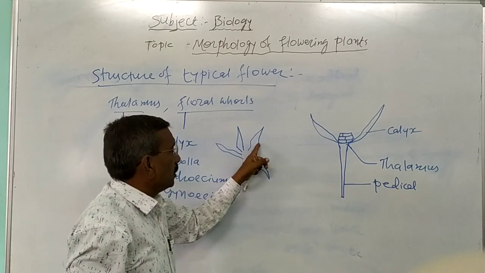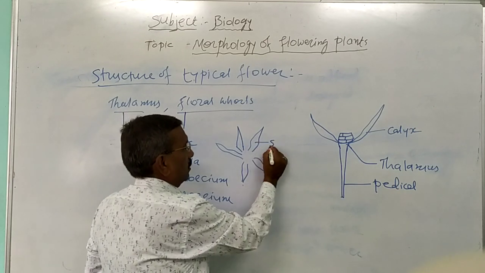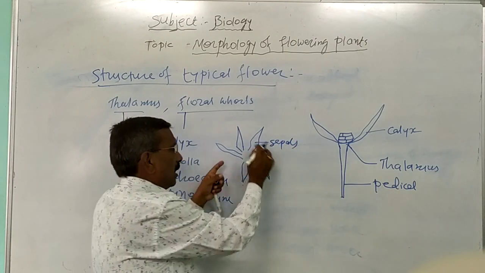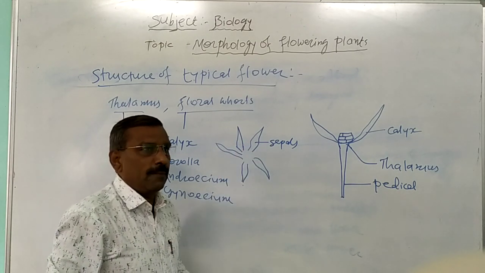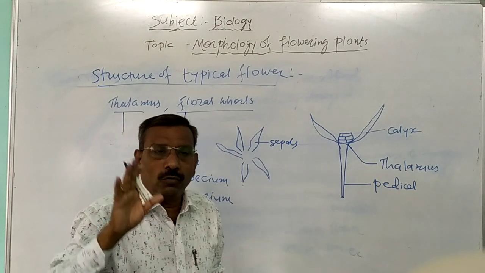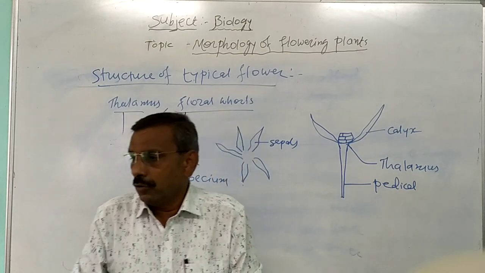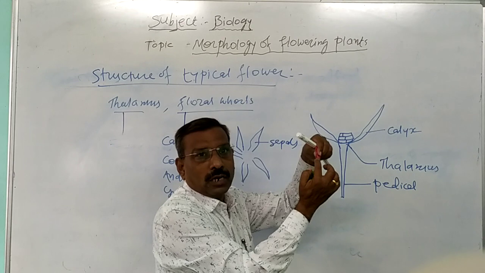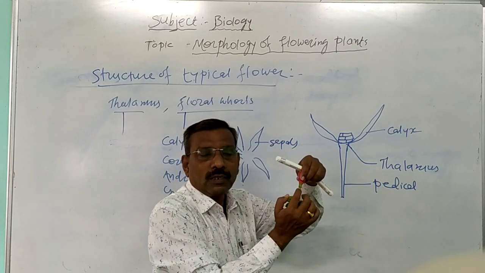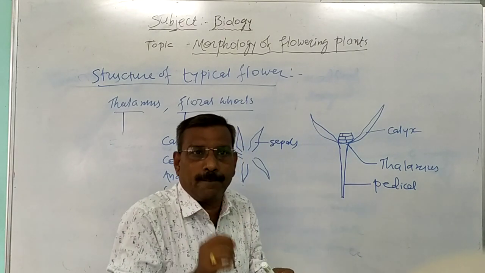This single one is known as a sepal. In this calyx, how many sepals? 5 sepals. So the calyx is the outermost green whorl of the flower. Its unit is known as a sepal.